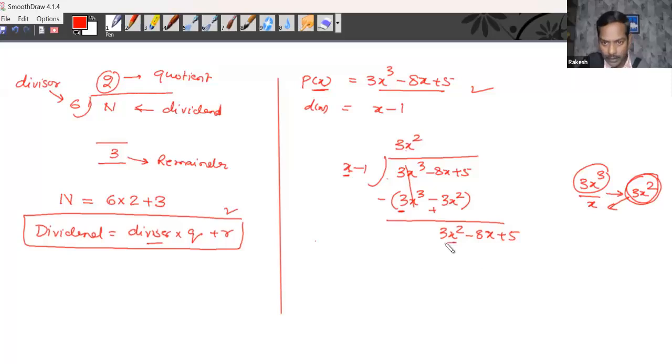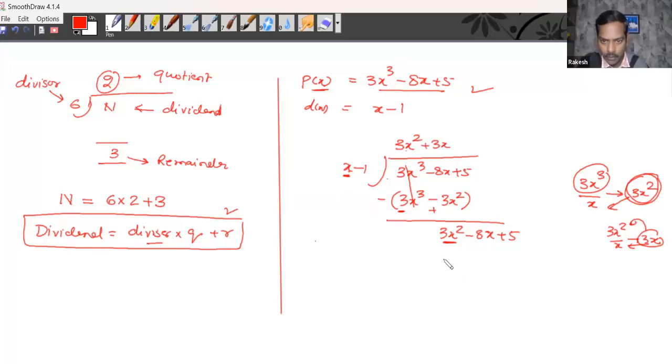Again, I want 3x squared to get eliminated, right? So what should be multiplied with x so that I get 3x squared? Now it is quite clear that if I do 3x squared divided by x, I'll be getting 3x. So 3x should be multiplied by x so that I get 3x squared. So the next term is plus 3x.